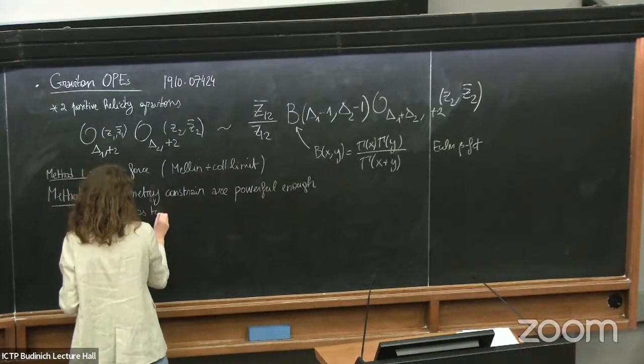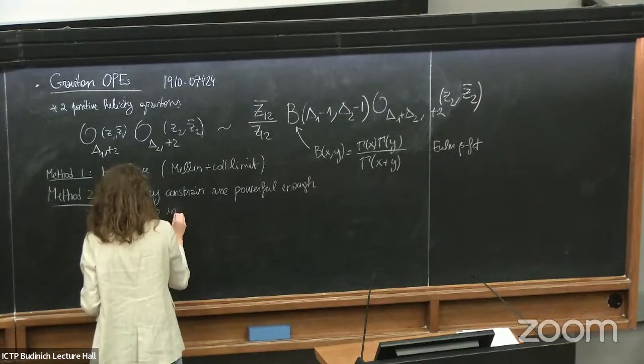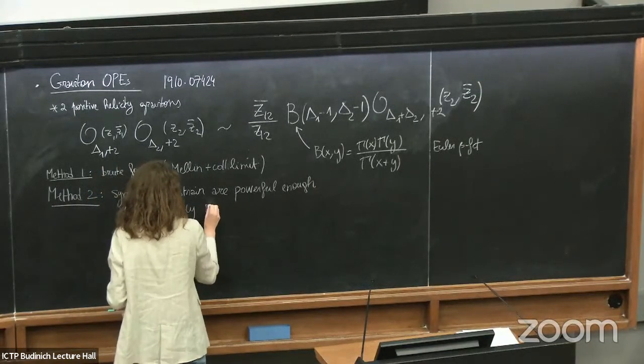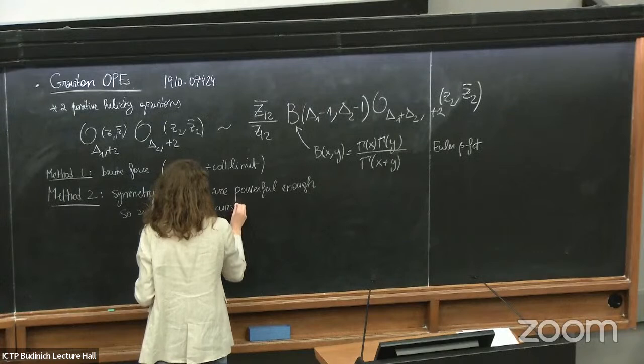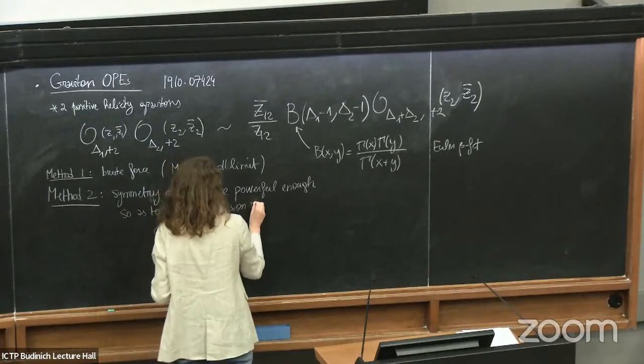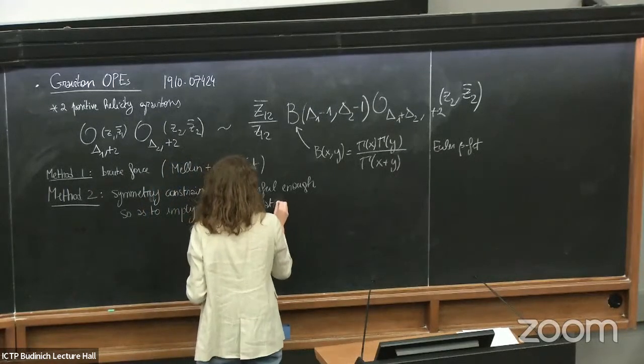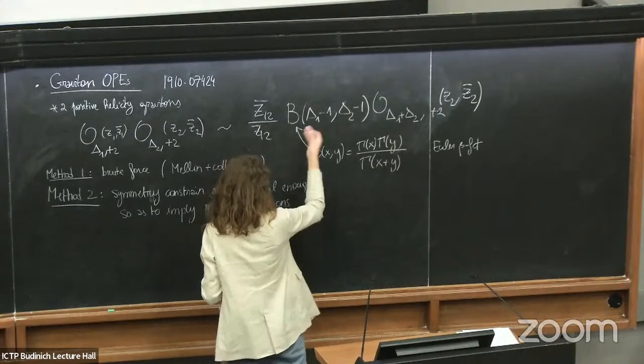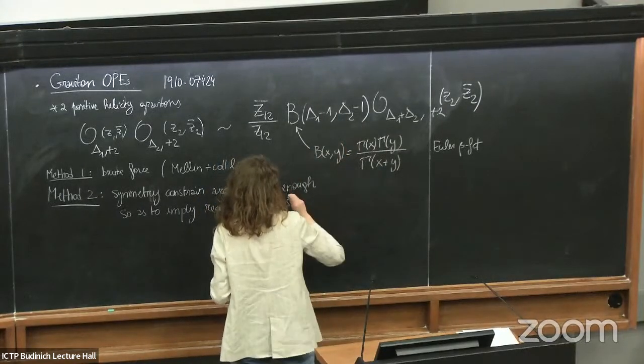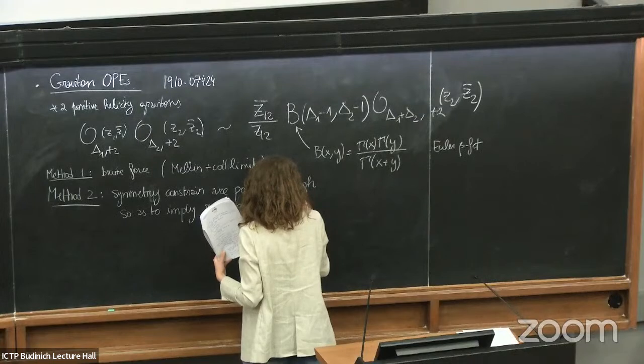They actually imply some sort of recursion relations on the OPE coefficients, before you knew that it was an Euler beta function.